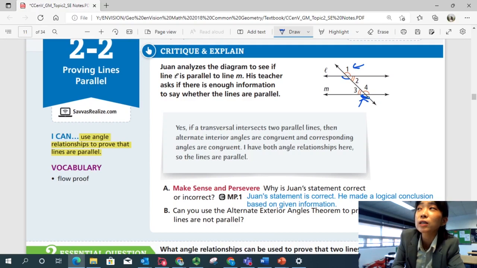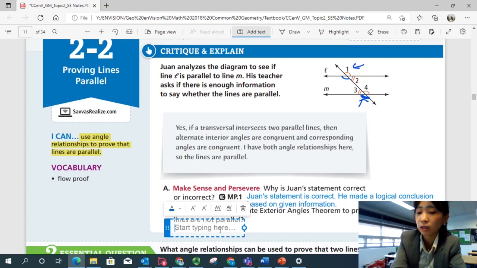Well, if they're congruent, they are parallel. They could be parallel. If they're not congruent, maybe they're not parallel, but you don't use this theorem to prove that they're not parallel. There may be other factors that could affect the lines not to be parallel. So you can't really prove that the lines are not parallel using that theorem.